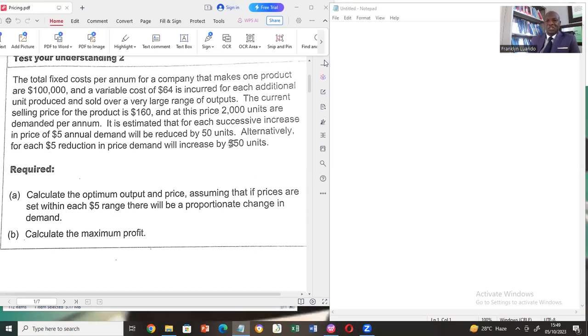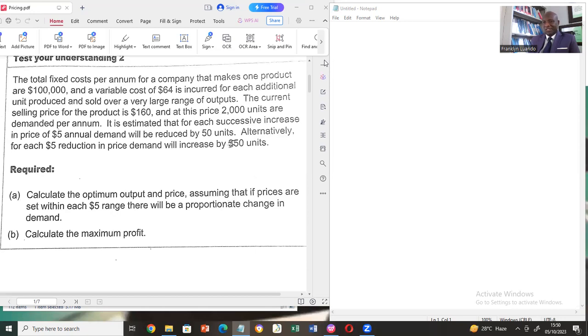Now, in today's video, we are looking at setting up the price that will maximize the profit. Setting up the selling price is very important for an organization. One, in order to be competitive. Two, in order to be profitable.